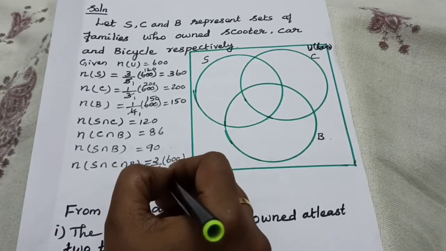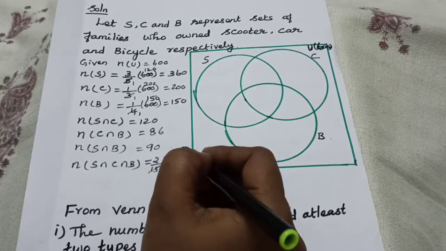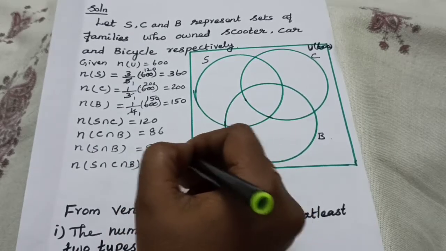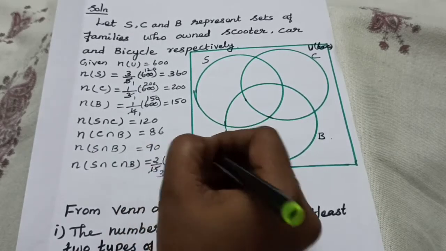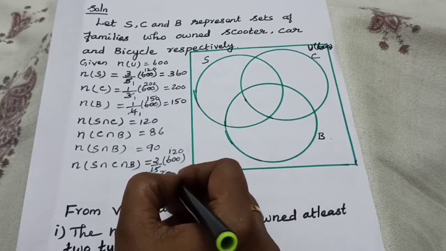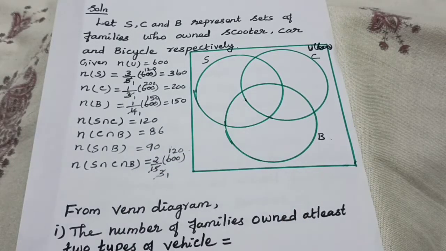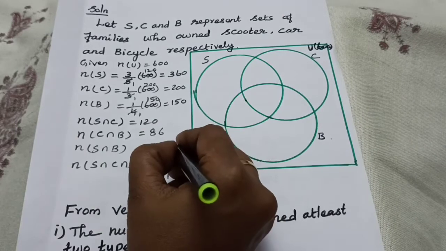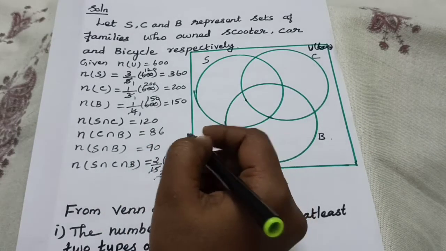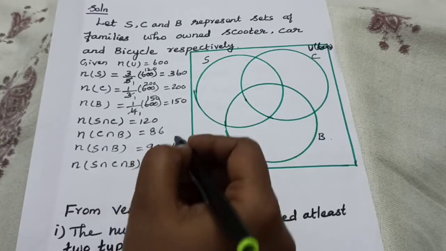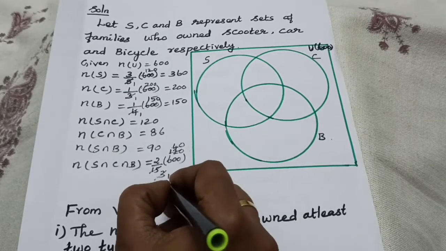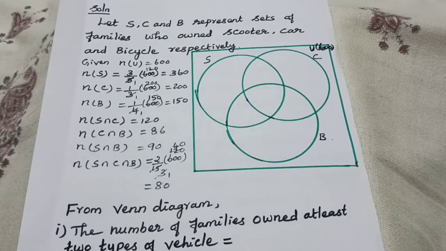Shall we cancel? Here 3 will come. Here 1 1, then 2 0, then 1 3 is 3, 4 times, then 0. 2 into 4 is 80.